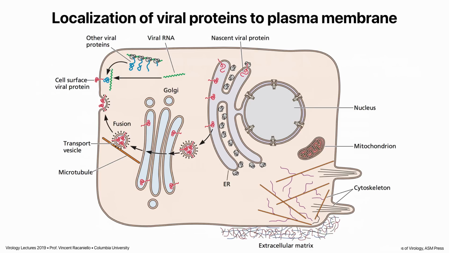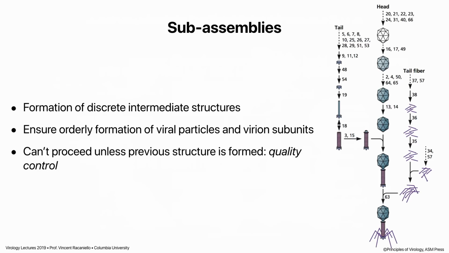And that vesicle will deliver the proteins to the plasma membrane. They move along microtubules to get from the Golgi to the plasma membrane. This little vesicle will fuse with the plasma membrane. Then you have the proteins displayed on the surface of the particle, and they can interact with nucleic acid components to get them packaged. And we'll see a more specific example of this later on today.